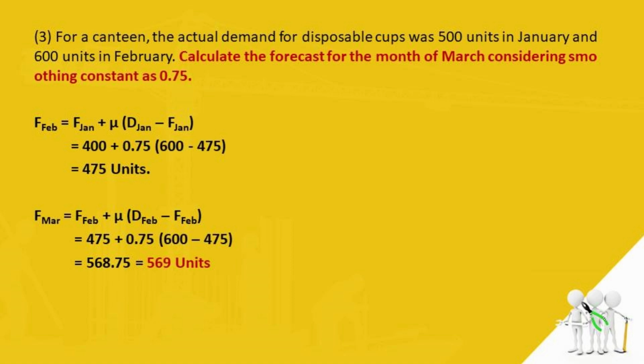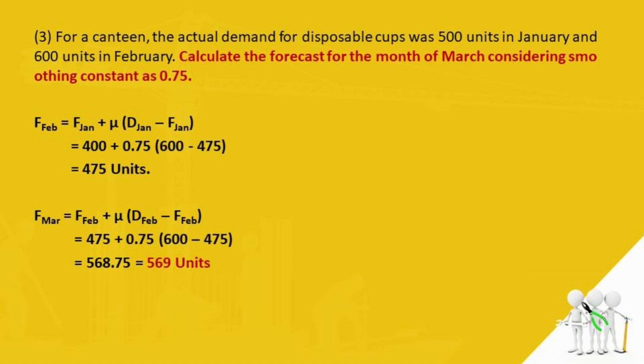Now we don't have the forecast for the month of February, which is required, because as we know from the formula, forecast is given by the previous period forecast plus mu into (demand of the previous period minus forecast of the previous period). Hence, the forecast of February has to be found first.